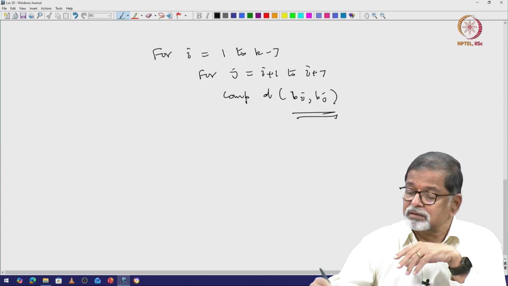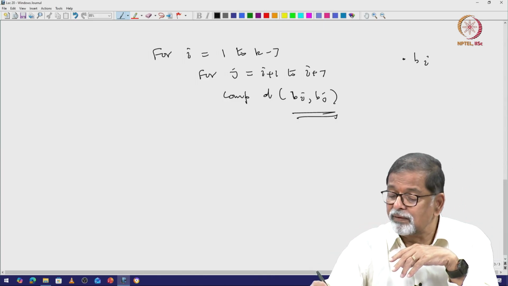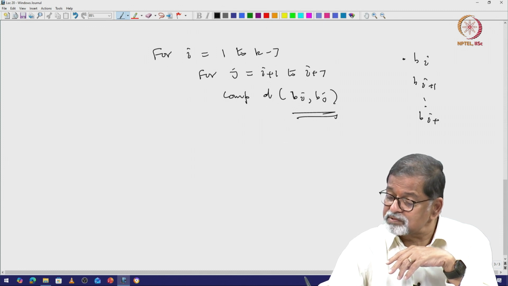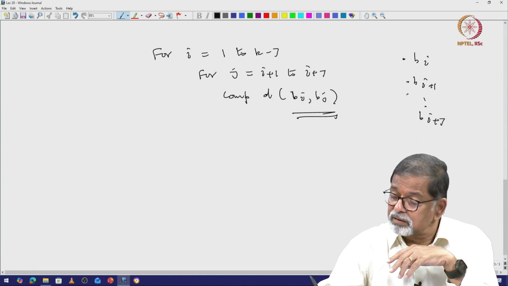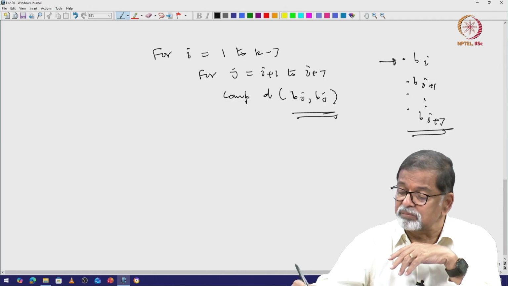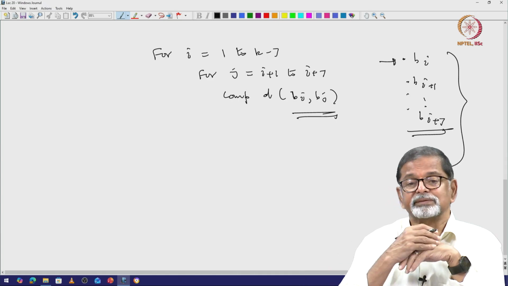So this is B i, then B i plus 1, up to B i plus 7. These 7, compute this distance only between B i and B i plus 7.